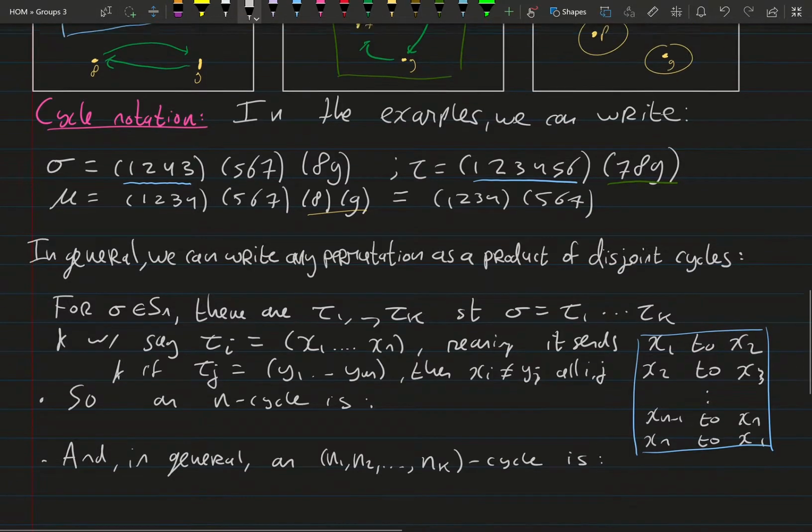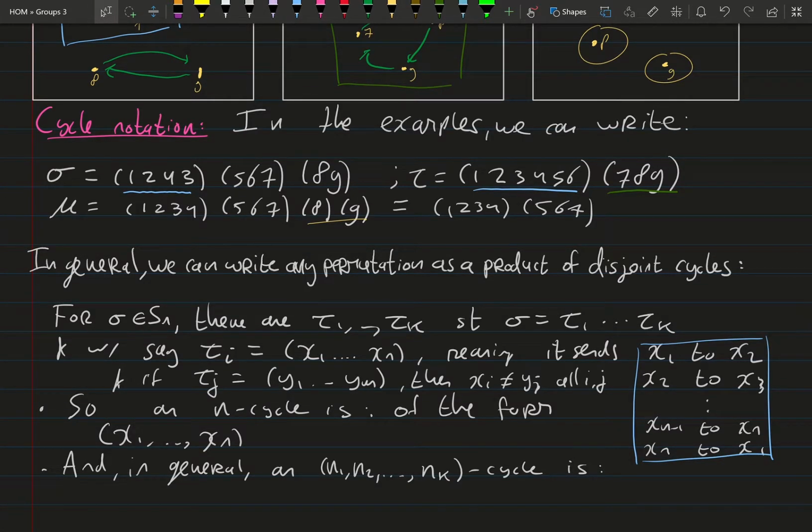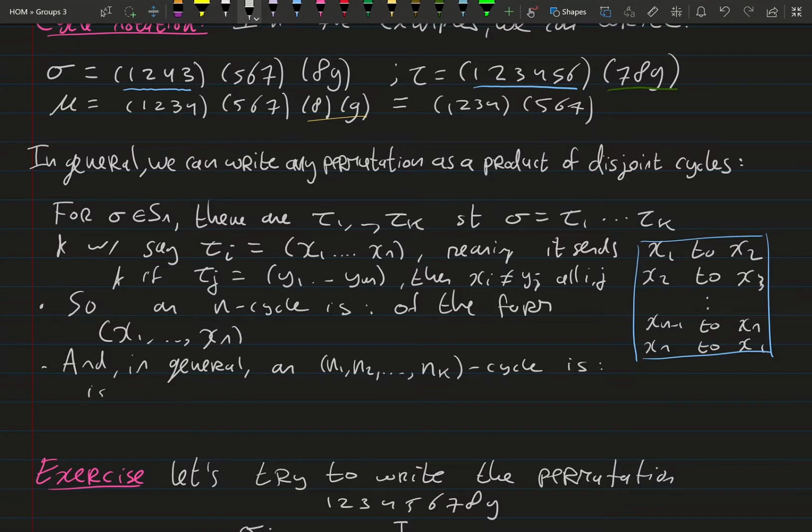So an n-cycle is of the form (x1 ... xn). And in general, an (n1, ..., nk)-cycle type is of the form sigma 1 dot dot dot sigma k with sigma i an ni-cycle.